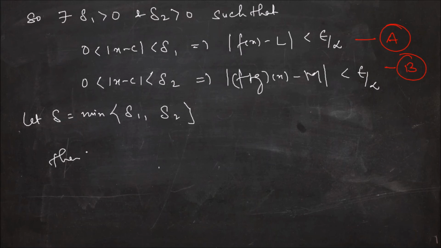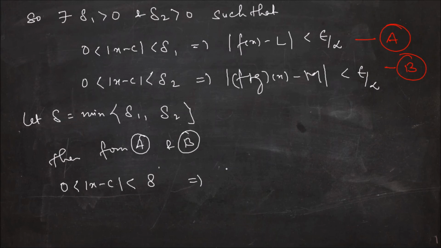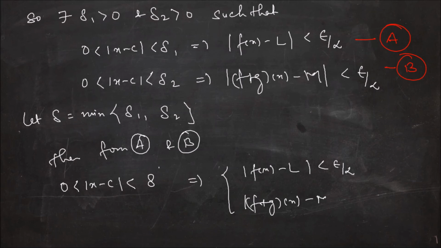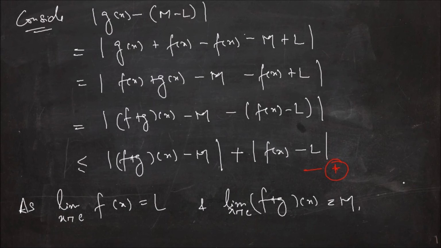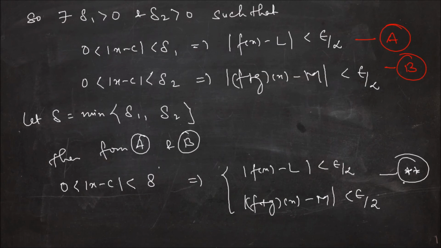Then from A and B, it is clear that 0 less than |x minus c| less than delta should imply |f(x) minus L| is less than epsilon by 2 and |g(x) minus m| is less than epsilon by 2. So this is double star. Now I will use this double star in my star to get my desired result.